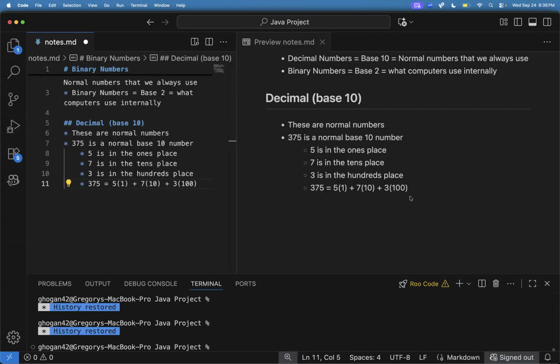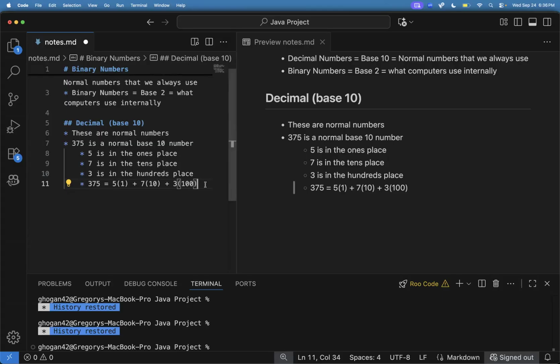And it's 1, 10, and 100 because we are in base 10. The 1 is actually 10 to the 0 power, the 10 is 10 to the first power, and the 100 is 10 to the second power.